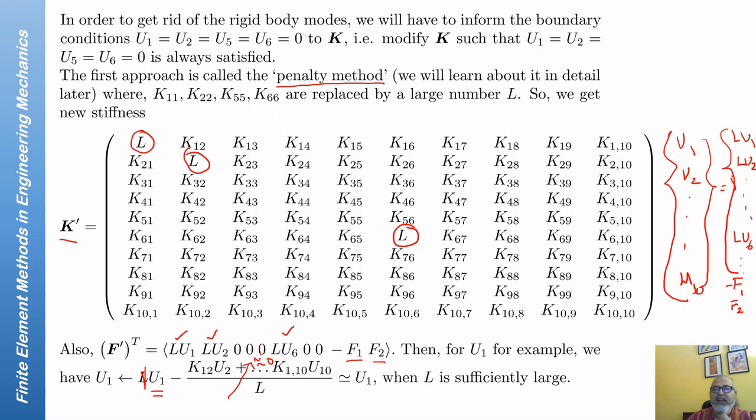So this is the penalty method of applying the displacement boundary conditions.